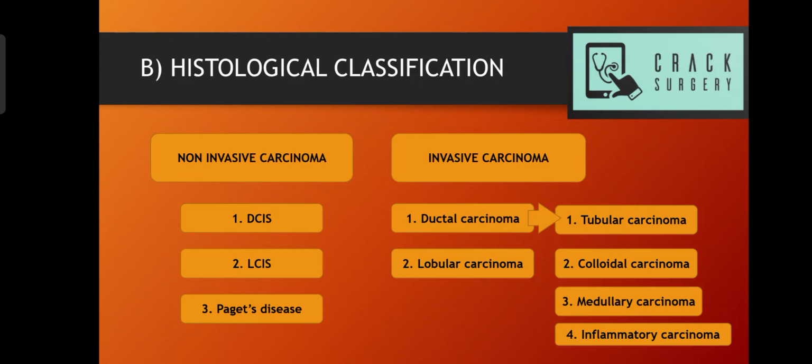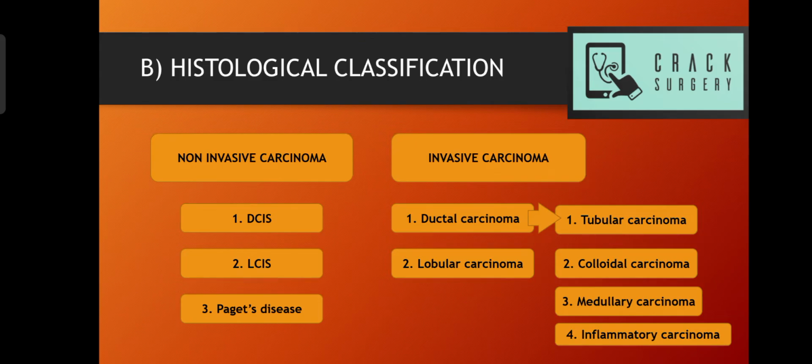That is ductal carcinoma in situ, lobular carcinoma in situ, and Paget disease. In situ means it does not cross the basement membrane. That is why we call it in situ. And invasive carcinoma is of two types, that is ductal carcinoma and lobular carcinoma.